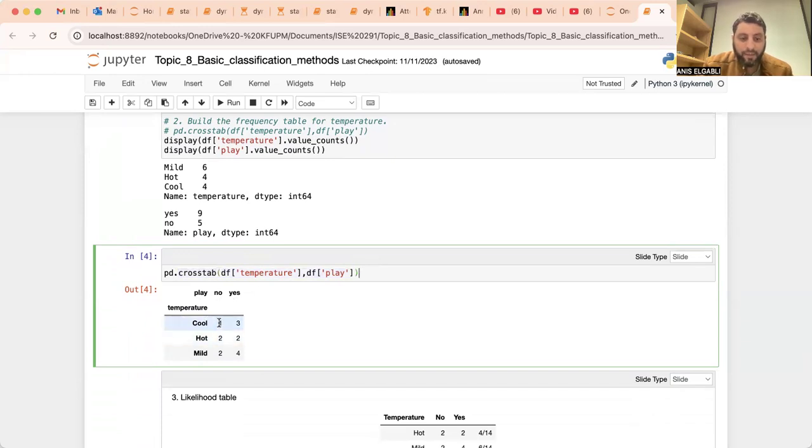Simply, this represents the number of times in which temperature is cool and play is no, which is only 1. That happened only once in our data. The number of times temperature is cool and play is yes is 3. So there were 3 samples in which, when the temperature was cool, play was yes, and so on.